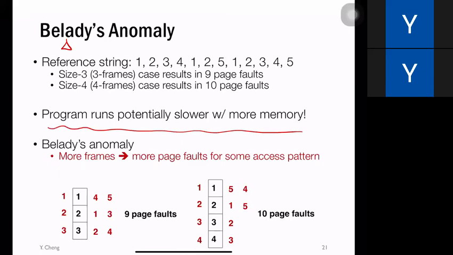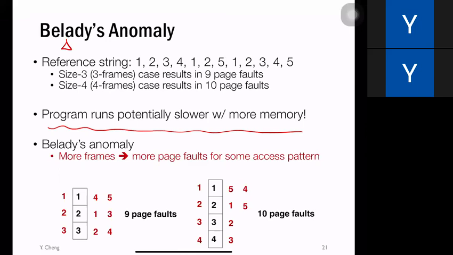So this is something called Belady's anomaly, right? So in that previous example, with a cache size of 3, where the cache is able to cache 3 physical frames, it results in 9 page faults or 9 cache misses.